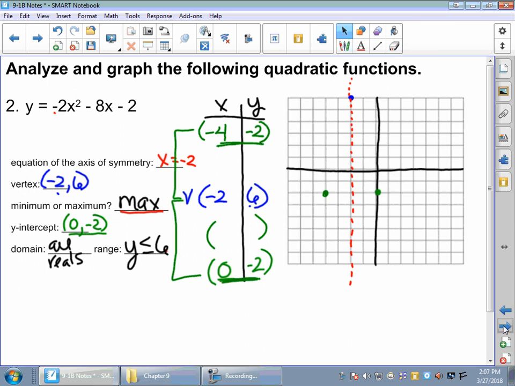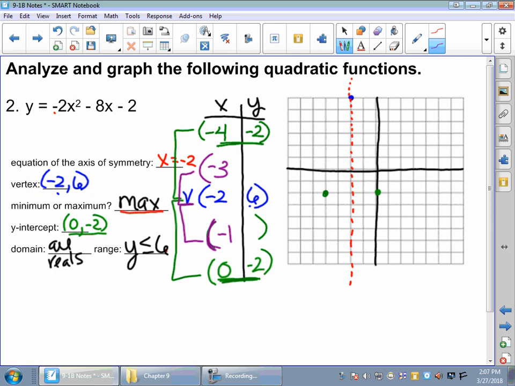Now I need to find 2 more points, and I'm just going to go 1 in from that. So I want to find out when x is -1. So when x is -1, I want to know what point I'll get. And I know it'll match when x is -3. So again, I'm using symmetry here. I'm kind of color coordinating my points. -3 is 1 unit to the left of the vertex, and -1 is 1 unit to the right.